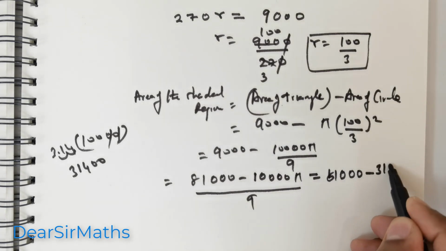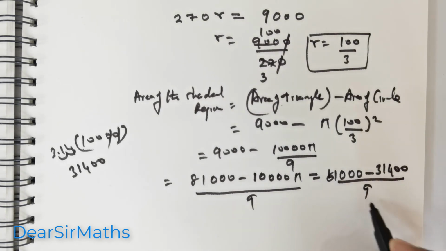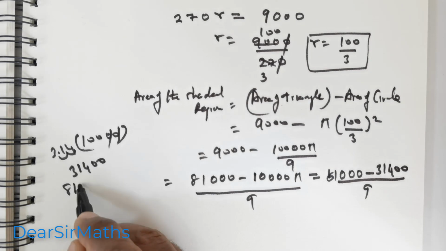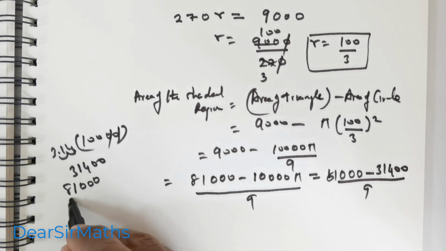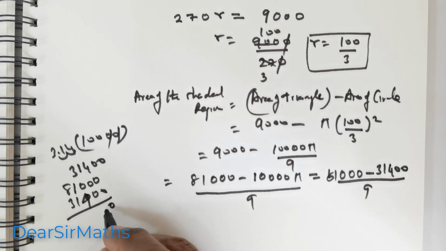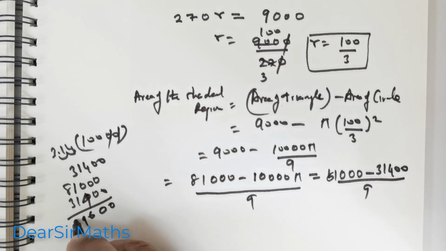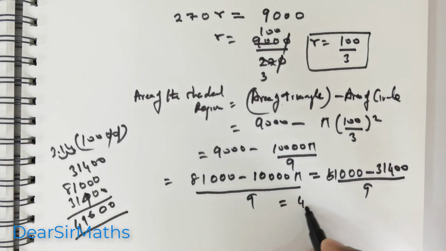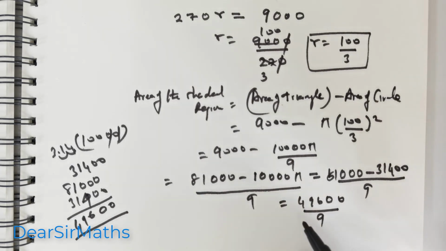So you subtract 31400 from 81000, you get 49600 divided by 9.